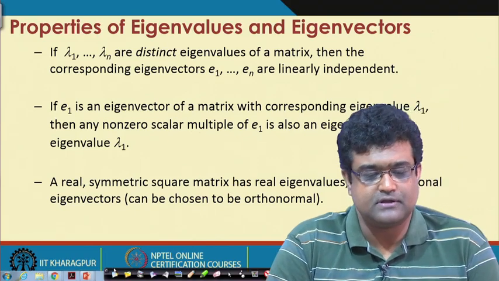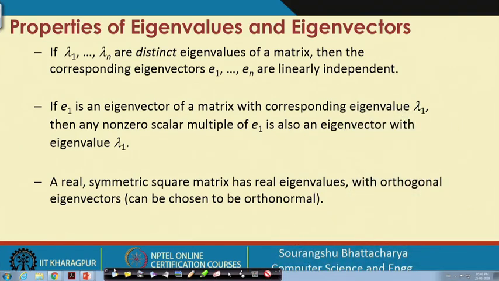Now, eigenvalues and eigenvectors have very interesting properties. The first property is, if lambda 1 till lambda n are distinct eigenvalues of a matrix, then the corresponding eigenvectors E1 till En are linearly independent.